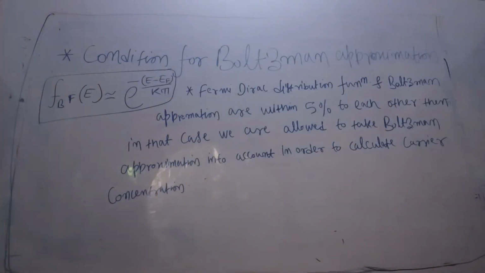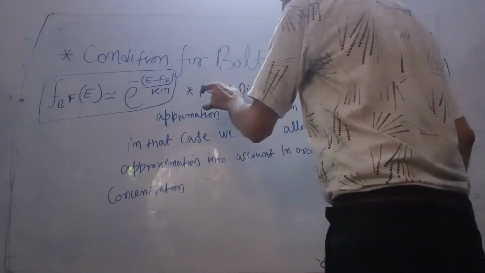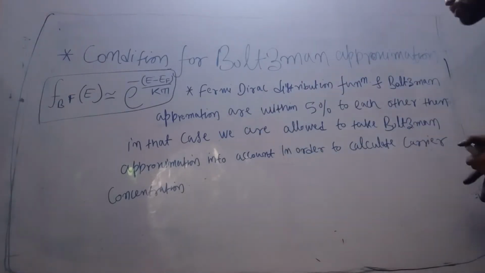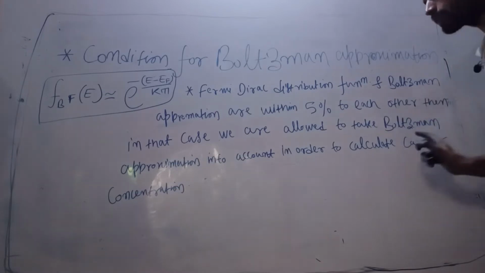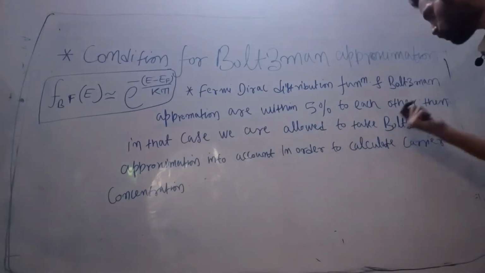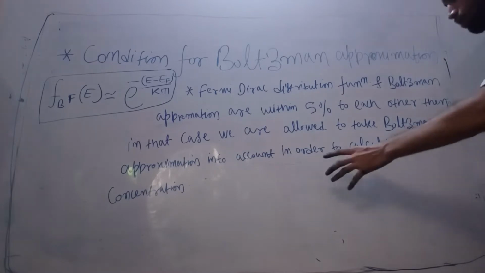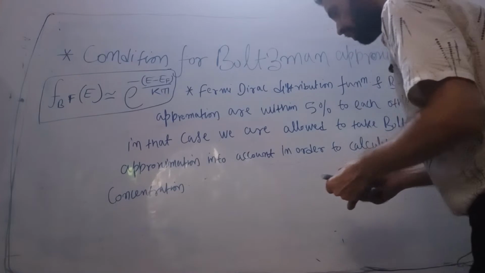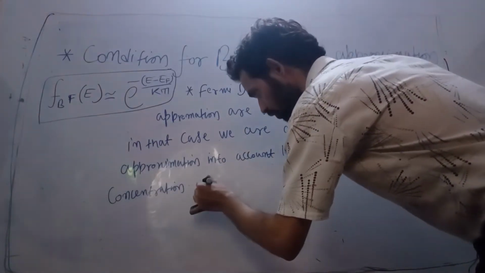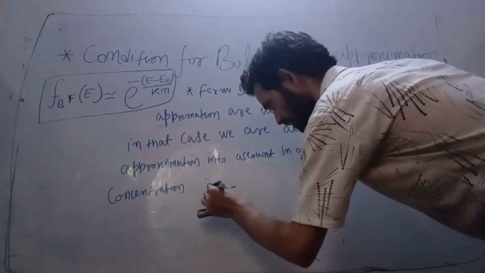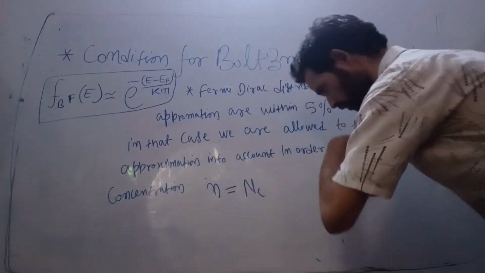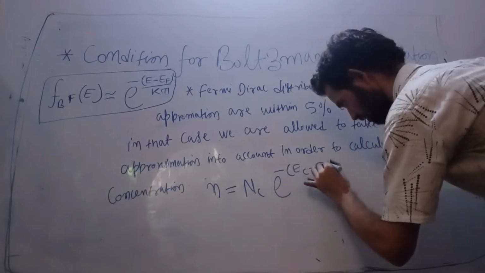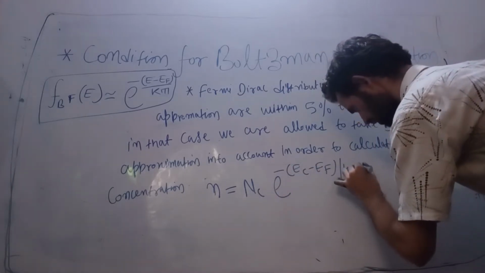So this is the condition: the Fermi-Dirac distribution function and Boltzmann approximation should be within 5% of each other. Then we are allowed to take the Boltzmann approximation into account to calculate the carrier concentration, which may be electron or hole concentration. Electron concentration n is equal to Nc times e to the power minus (EC minus EF) by kT.